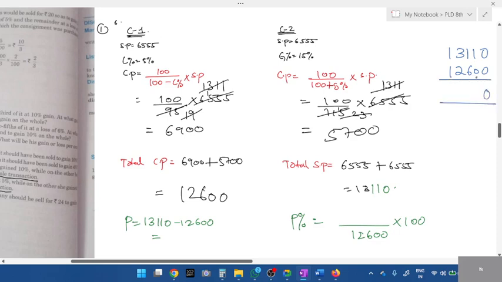0 gets cancelled. 1 minus 0 is? Look at the screen and tell me, Alia. What is 1 minus 0? Next. Tell me the next one. You tell me the calculation.